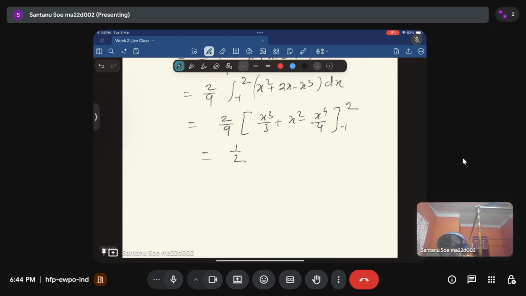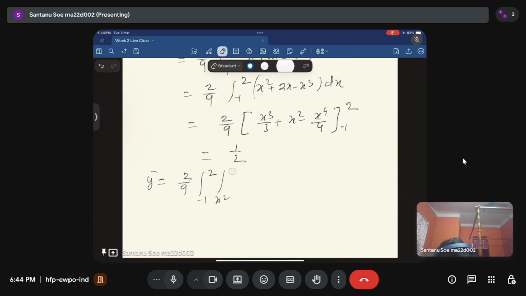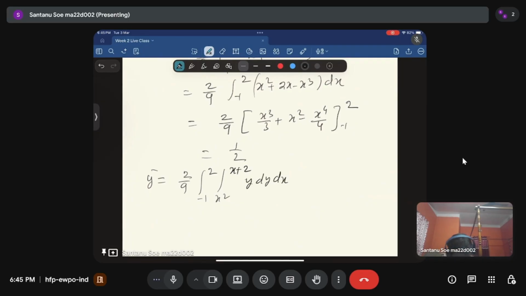Okay. Now similarly, if you calculate y bar, which is 2 by 9, minus 1 to 2, x squared to x plus 2, y dy dx, this is going to be 8 by 5.